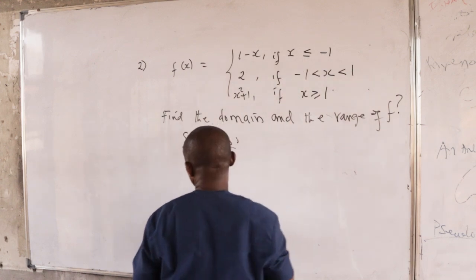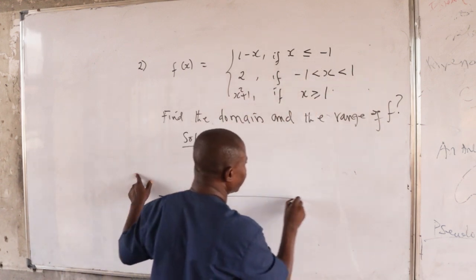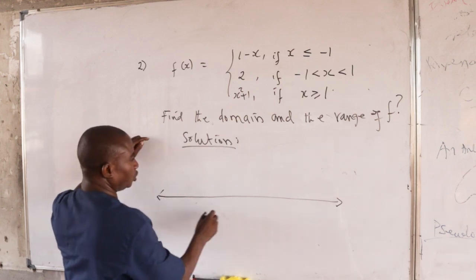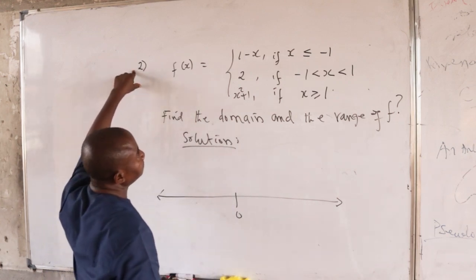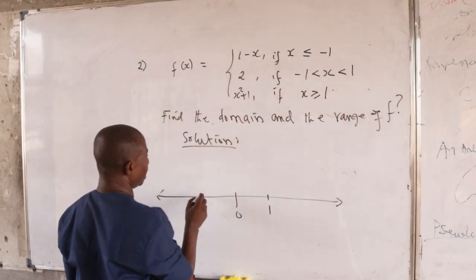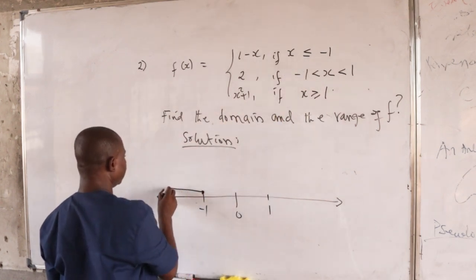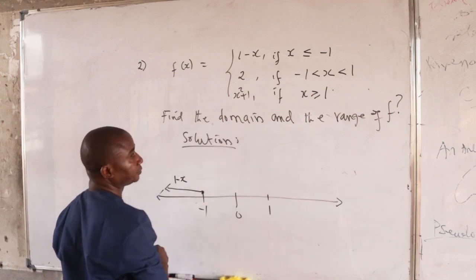I think I better use the number line to help us feel what we're doing better. So all x less than or equal to -1, so we are here. The value of f at x here is 1 minus x.